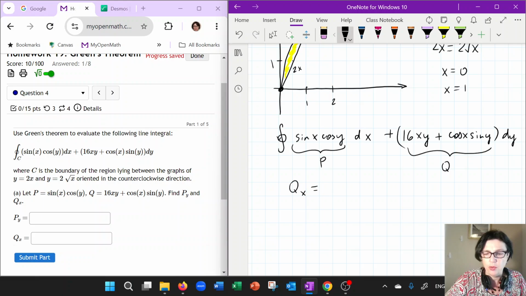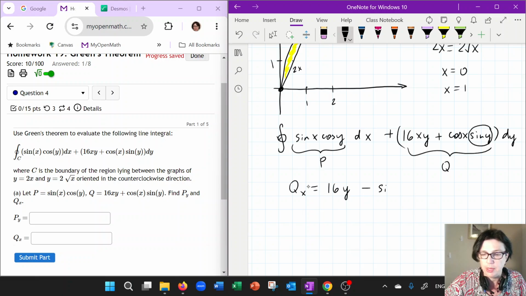So if I take Q with respect to x, the 16xy becomes 16y, because remember 16 and y are treated as numbers, plus cosine x sine y with respect to x. Sine y is a number when you're treating it this way, and the derivative of cosine x is minus sine x.